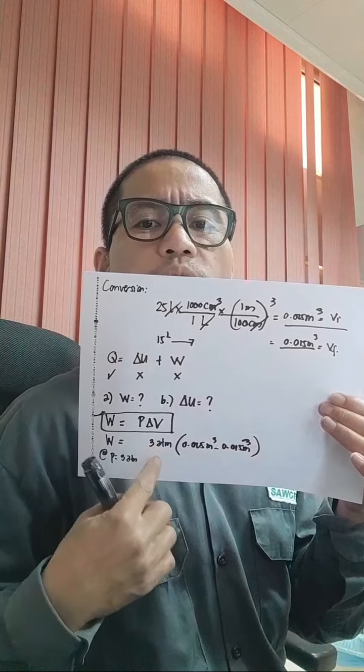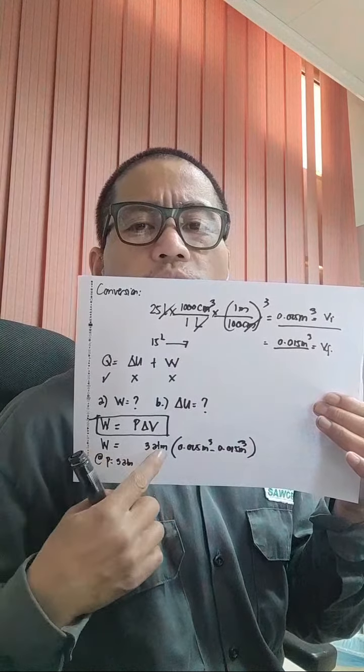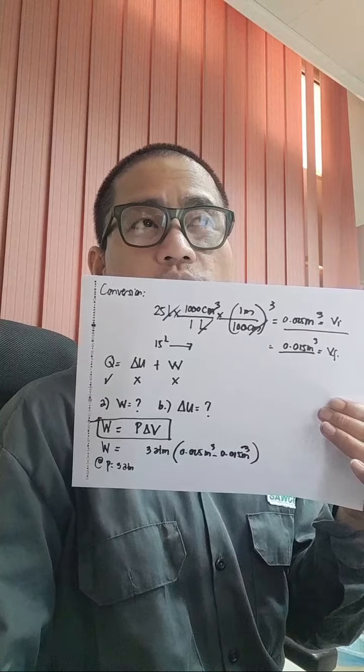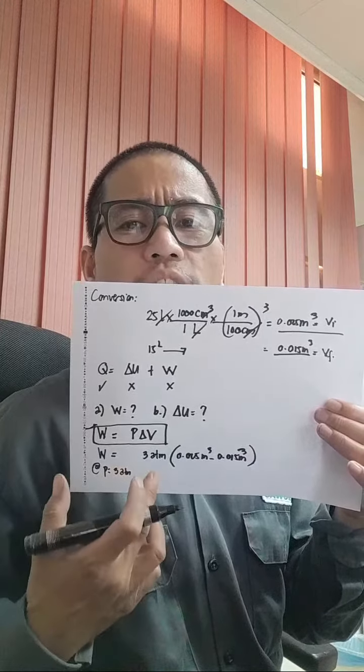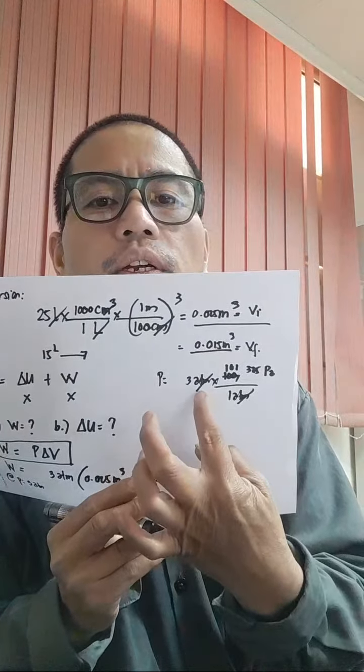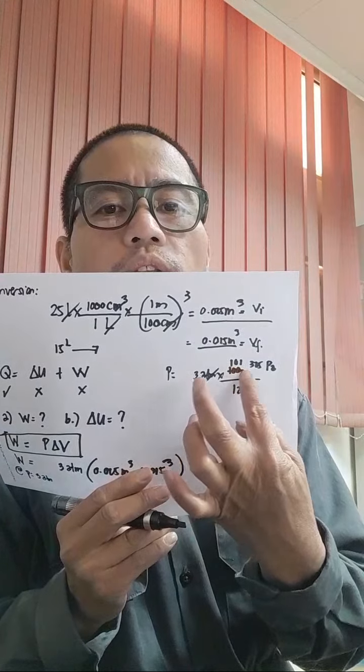But the problem is that atmosphere will not agree with the metric system, which uses newton per square meter for the unit of pressure. So we need to convert first 3 atmospheres to pascals. 1 atmosphere is equal to 101,325 pascals.